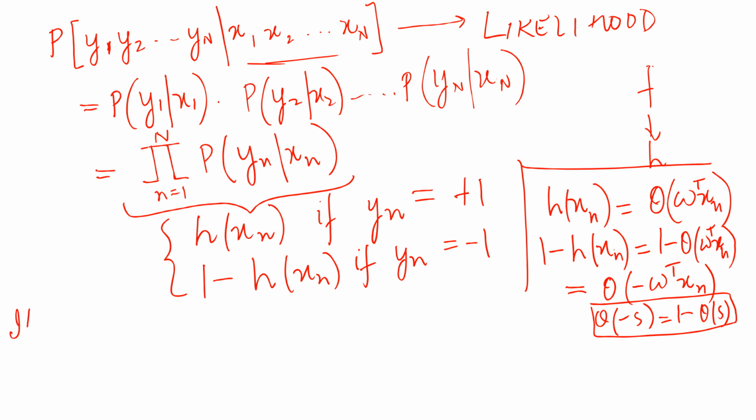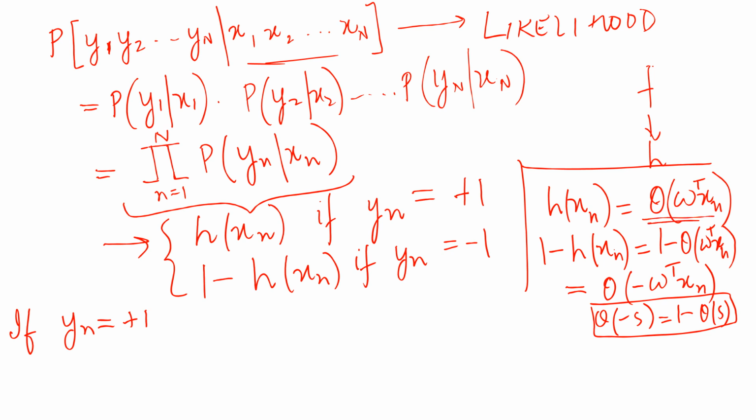So I can summarize this part again. If what I'm observing, y_n, is +1 of one of the categories, then my h(x_n) can be replaced by theta of w transpose x_n, because this is the data I have.